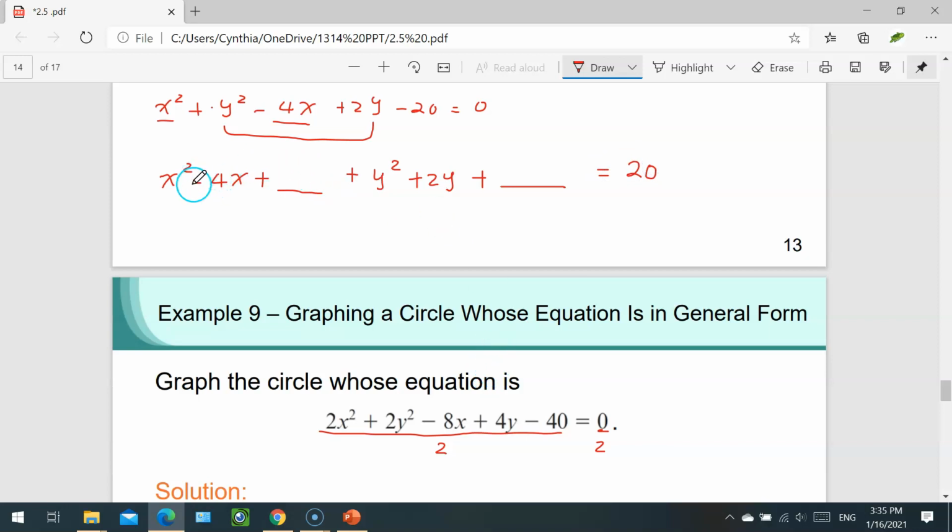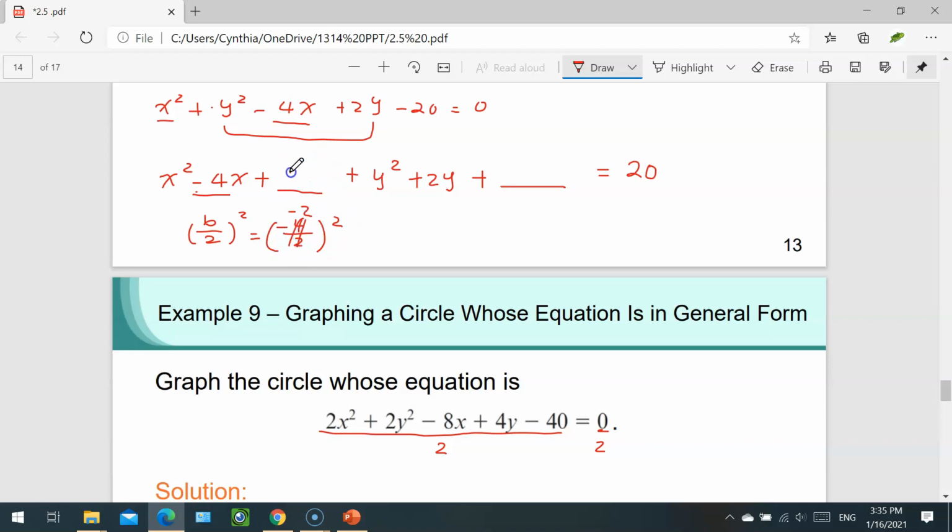Now I'm going to use completing the square to get the binomial square terms here. To find this third term, we use the b value, divide by 2 and square. Since b is -4, divide by 2, here you will have -2.